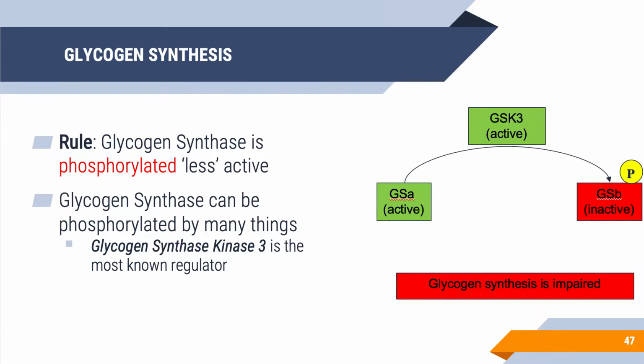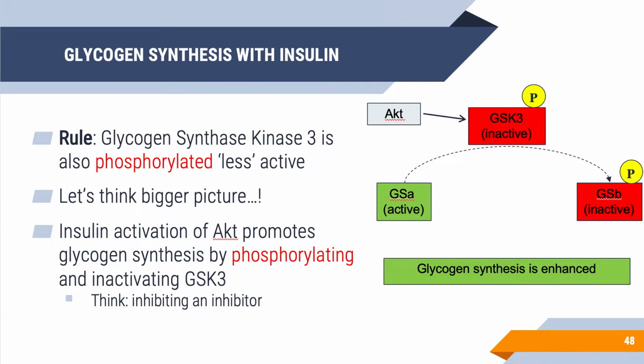If glycogen synthase is inactive, we're impairing or slowing down glycogen synthesis. If we're thinking about glycogen synthesis in regards to insulin, what we actually see is that glycogen synthase kinase 3 itself can be regulated in the sense that GSK3 is also phosphorylated, less active.